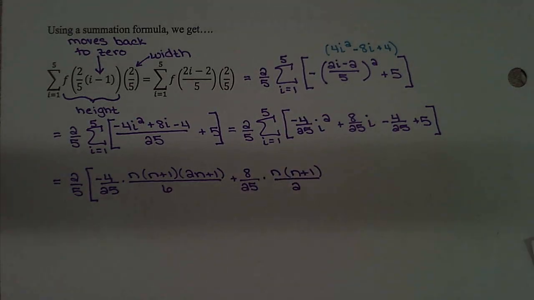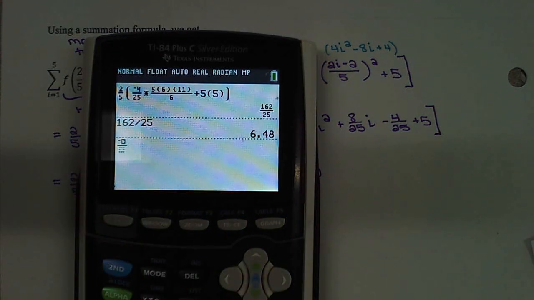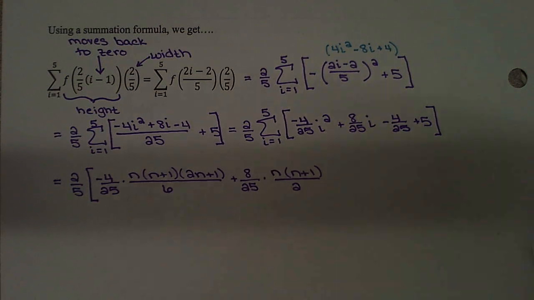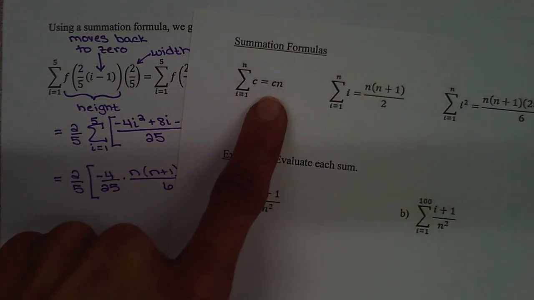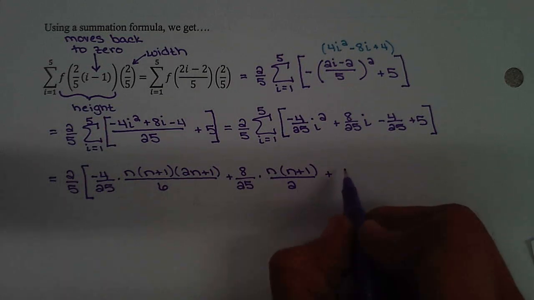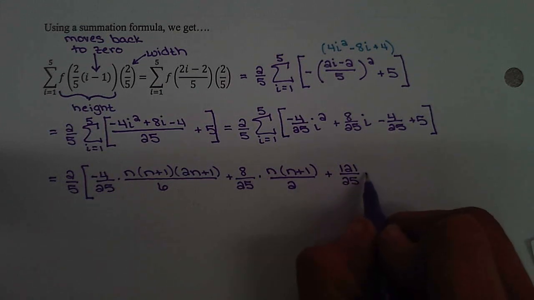And now this last part here, if we go to the calculator and let it do the work, a negative 4/25 plus 5 is going to give us 121 over 25. The rule with the constant is it just gets an n. So it's going to be plus 121 over 25 times n.